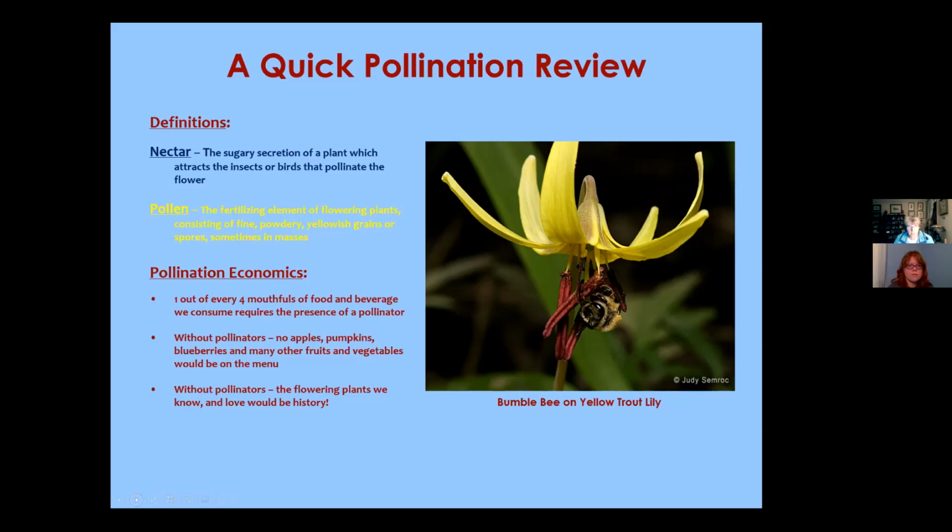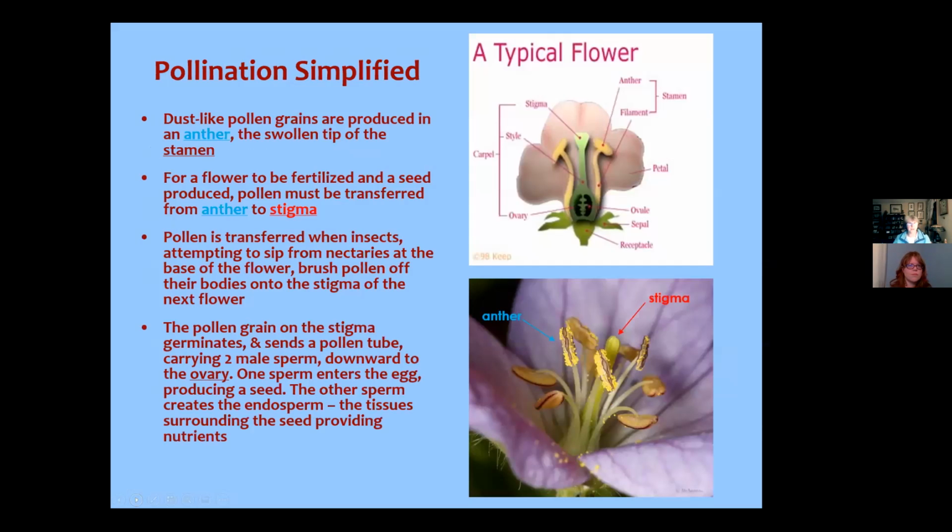And without pollinators, the flowering plants that we know and love would be history. So it is very important that we try to change what we've been doing in the past with acres and acres of mowed grass that really don't provide any useful habitat for pollinators. So we're going to talk about a bunch of different things we can do to make it better.